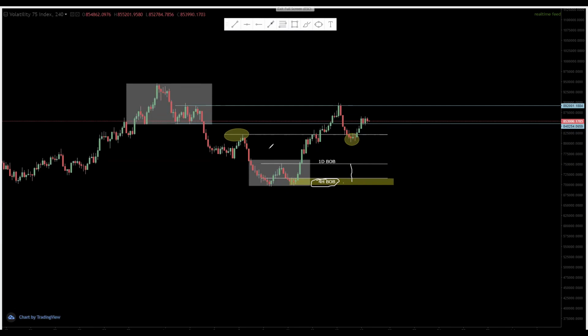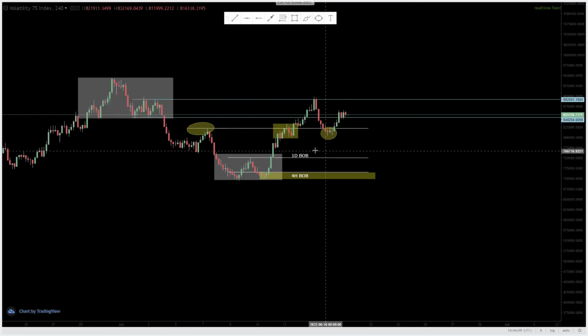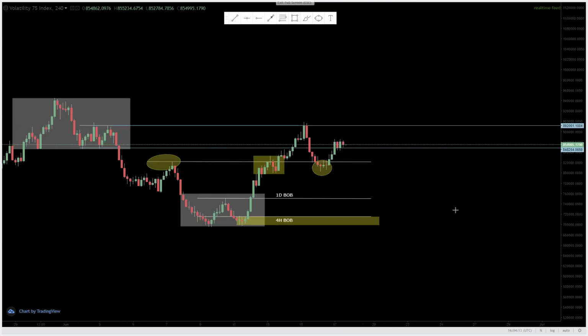Before this happens, we already have proof that this is the previous swing high, which became a demand here, or supply became demand. Secondly, it is also where the market created this structure here on a 4-hour time frame.